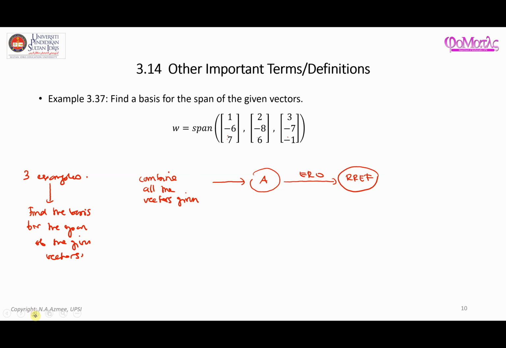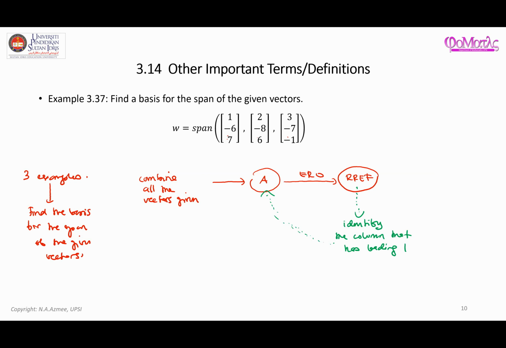Now from this reduced matrix, you should be able to identify the column that has leading 1. This is the same column that you should go back to the original matrix and consider.